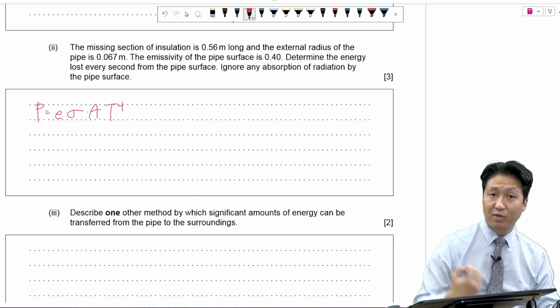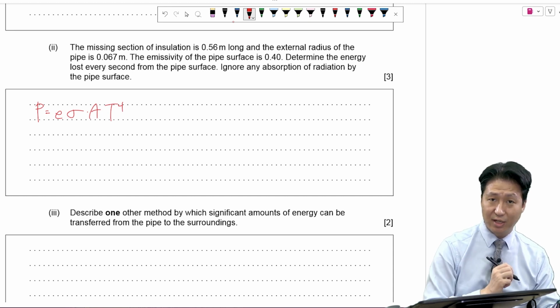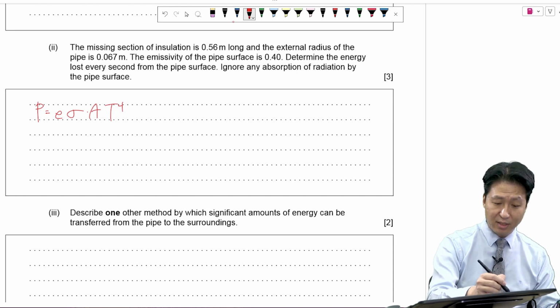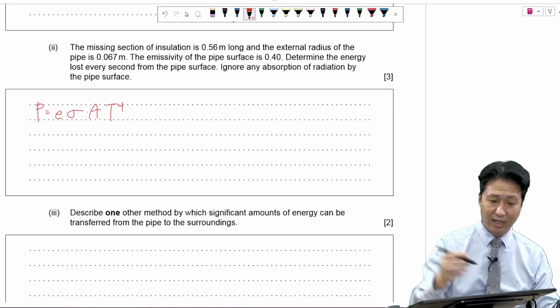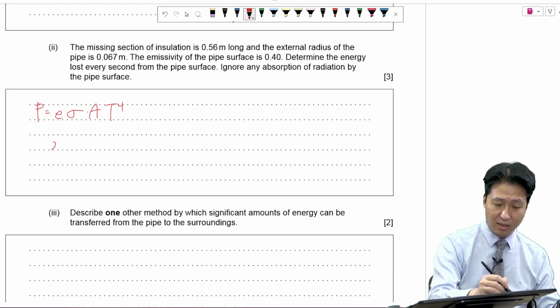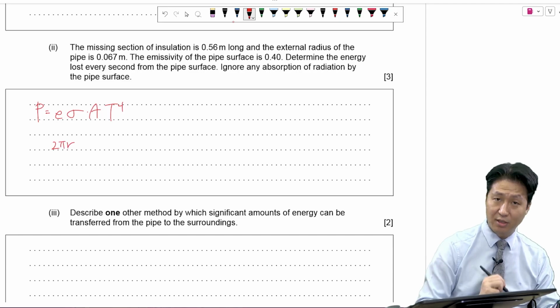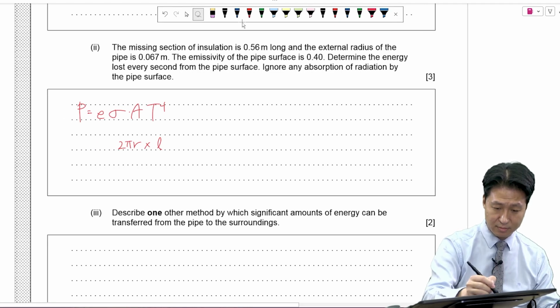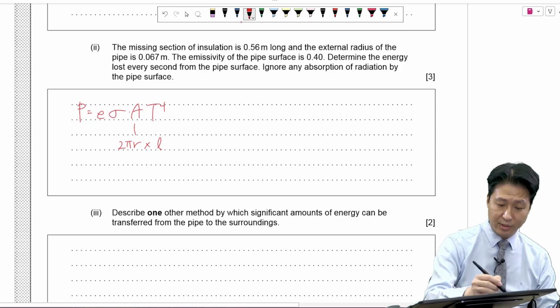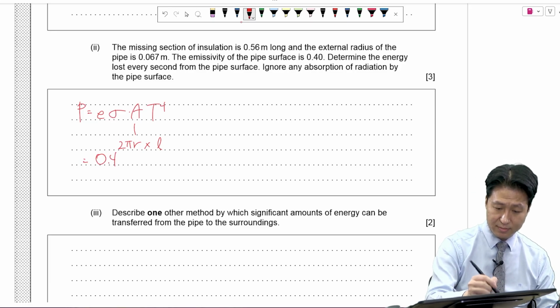Now, the only thing we have to do here is calculate the area. The area is the circumference times the length. So it's going to be 2 pi r times the length. And we'll use this in this part of the equation. So, emissivity is 0.4.